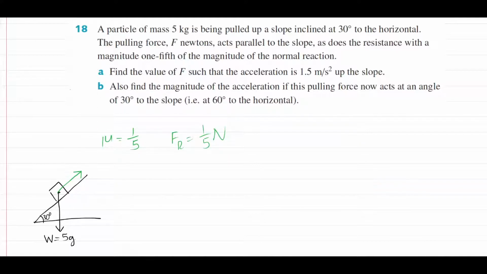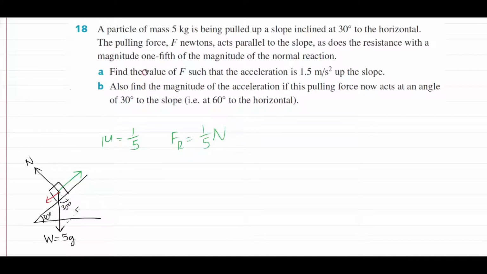Okay, so friction right here, and yes, we do have a normal force as well. The normal reaction force is the invisible force that you should also draw, perpendicular to the slope, because it's on the inclined plane. So naturally it should be going down, and that angle is 30 degrees.